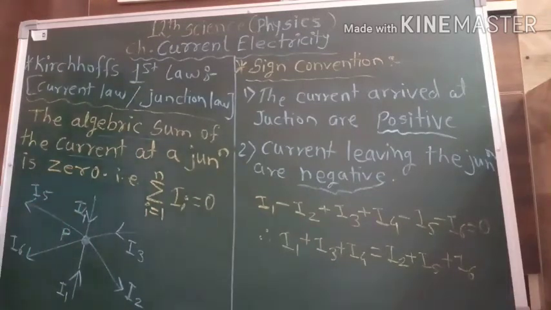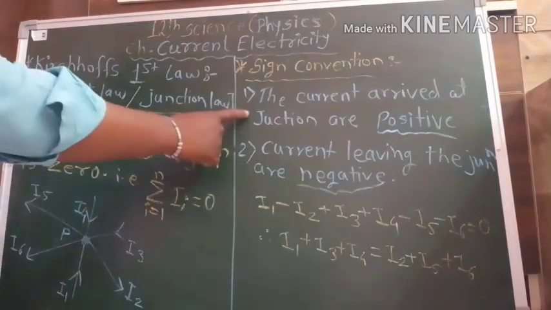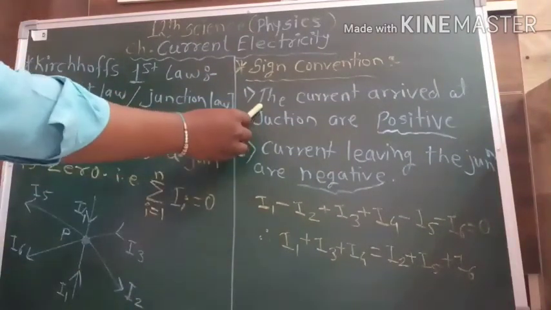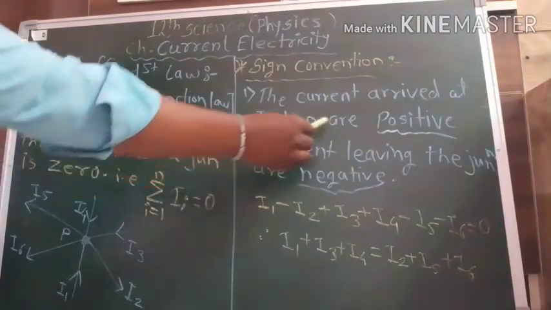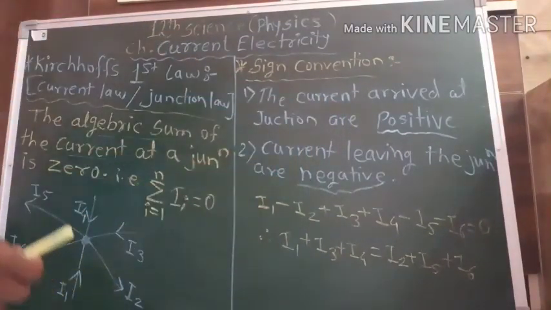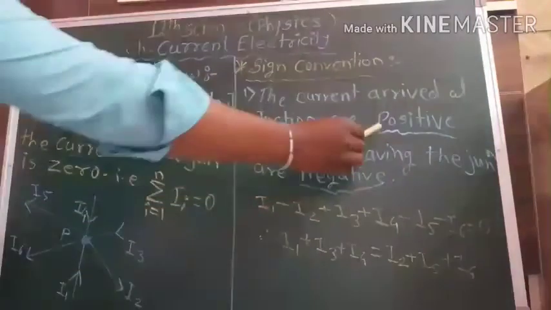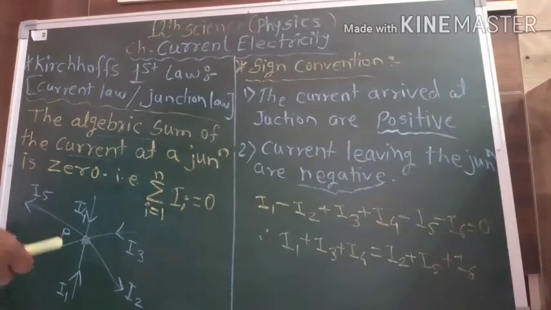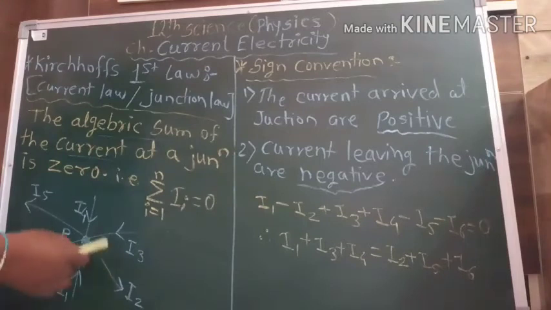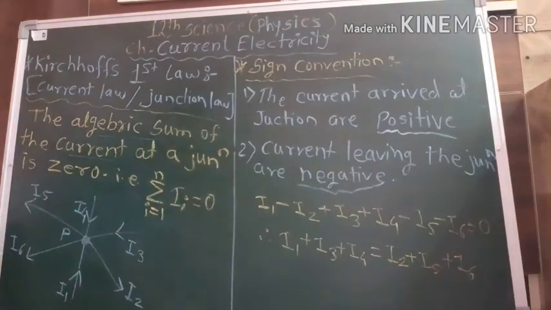Then, how do we measure these currents so that the summation is 0? There is a sign convention to describe that summation of currents. The first point of the sign convention of the first law is: current arriving at the junction is considered positive, meaning the current which goes towards the junction is positive.